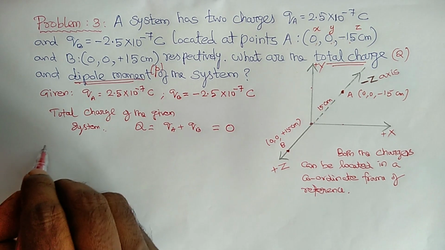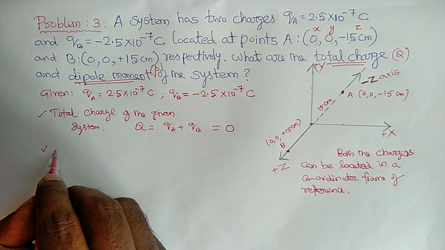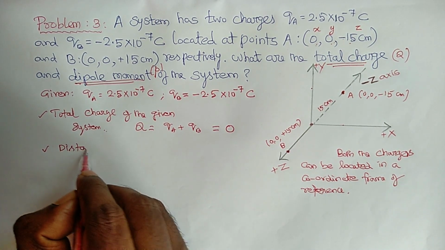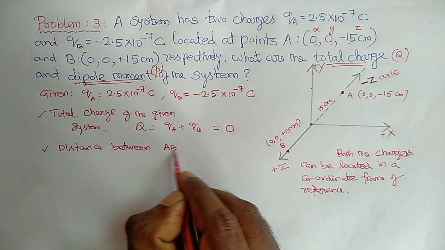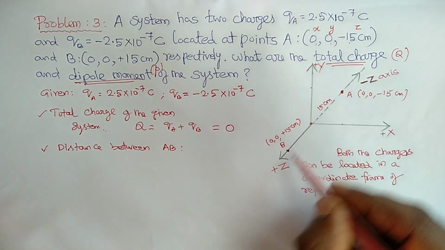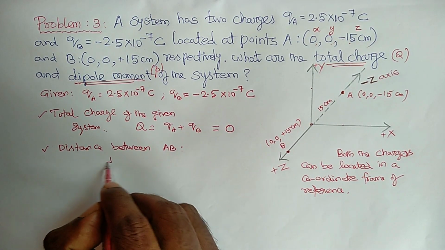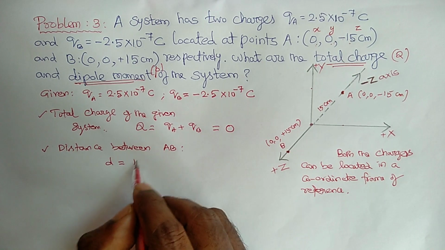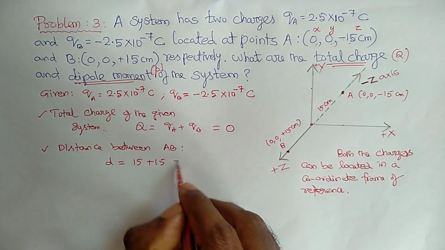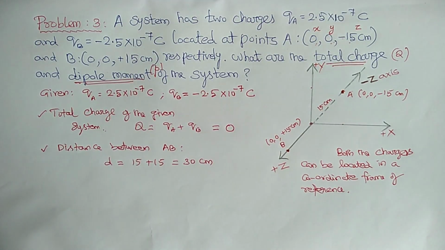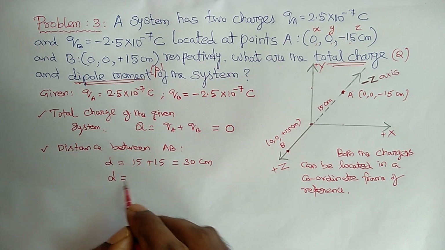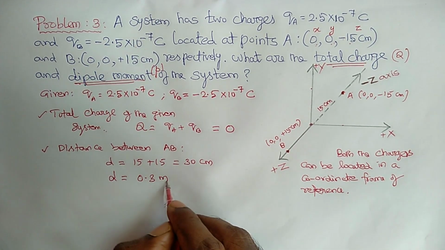Second, first you will calculate the distance between the two charges, the distance between A and B, which is considered as d. d is equal to 15 plus 15, which is equal to 30 centimeters. So the distance from A to B is 30 centimeter. In meter, d is equal to 0.3 meter.